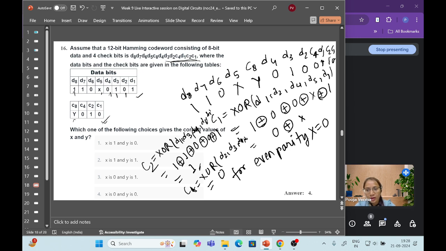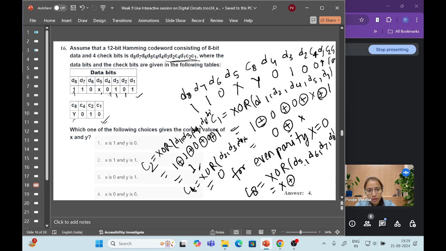Now we need to find C8. For C8, we take the XOR of D5, D6, D7, D8 at those bit positions. D5 is X, XOR D6 is 0, XOR D7 is 1, XOR D8 is 1.